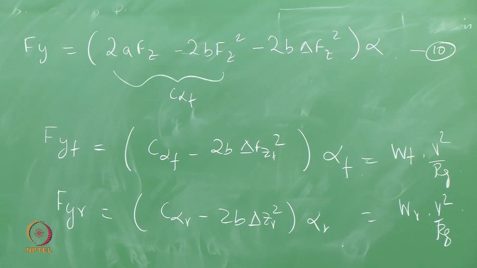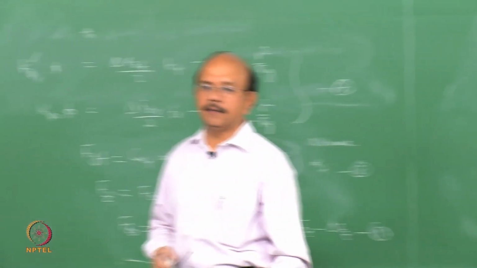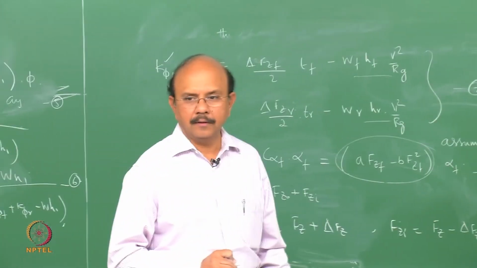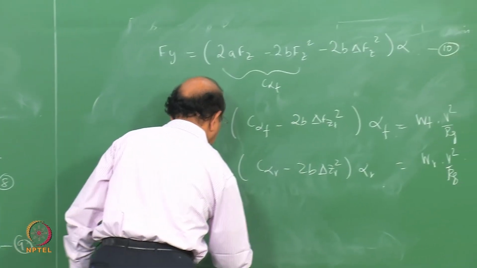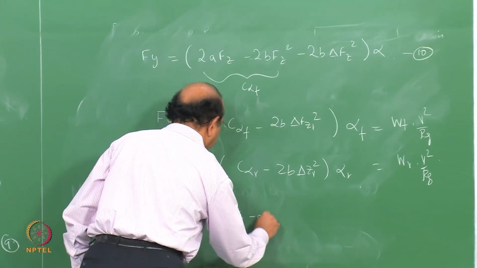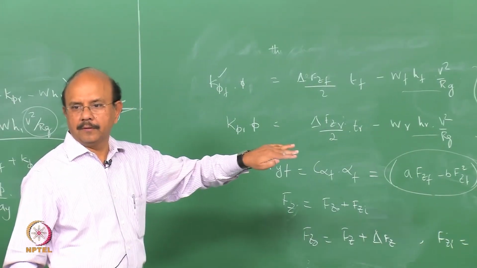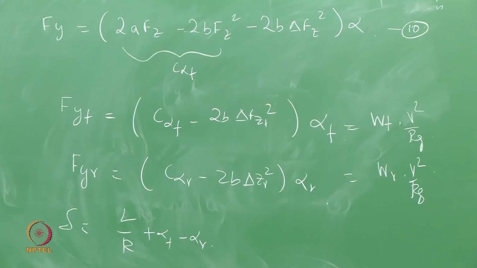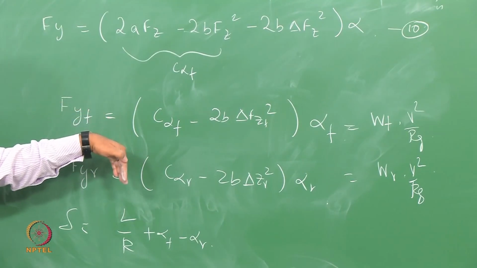Remember, what is my delta? Go back and have a look at that. What is delta? L by R plus alpha F minus alpha R, from which my whole definitions, everything came out. And remember, alpha F was written by Wf by C alpha F and so on.